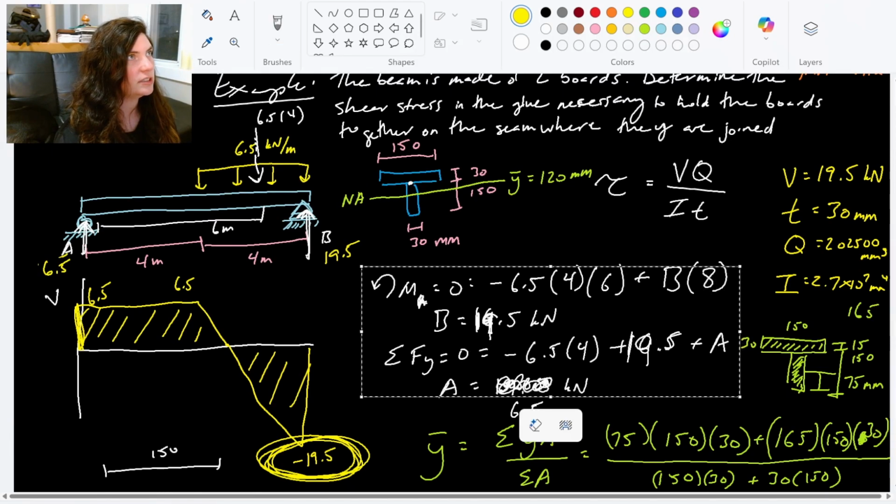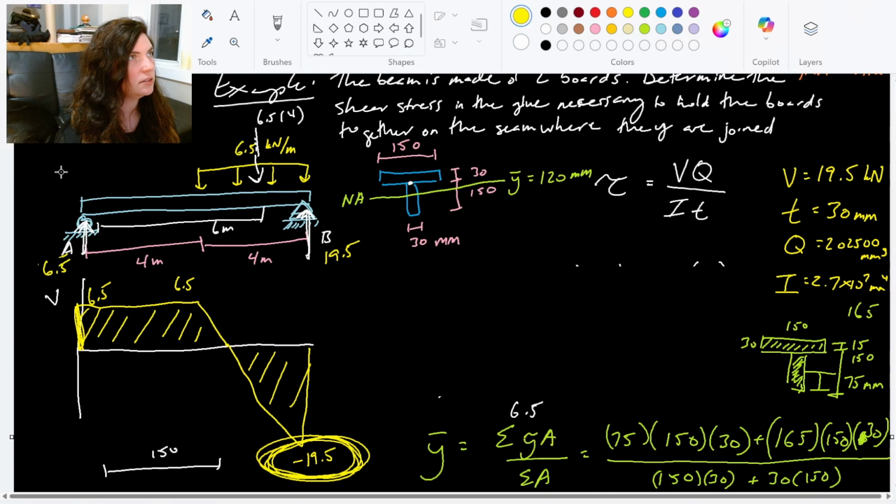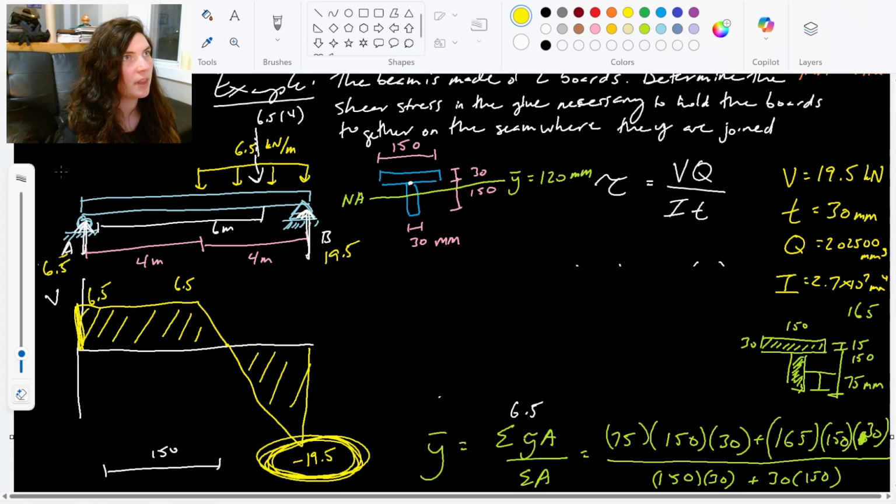Don't need these reactions. Get them out of here. Delete. And we'll do this.